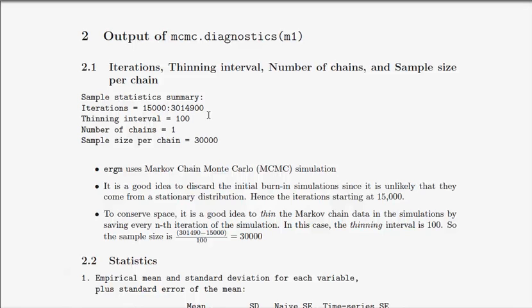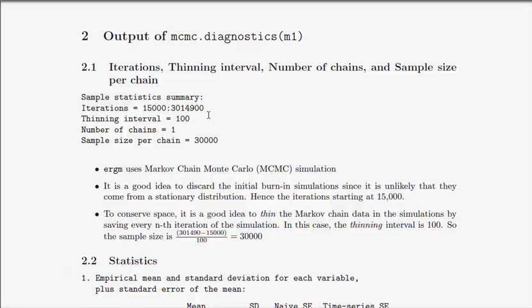So the first 14,999 iterations are discarded. We only take the iterations starting with 15,000 and go all the way to 3,014,900. Remember, this is a lot of iterations. It is a lot of data. You do not want to look at every bit of data that the simulation provides.